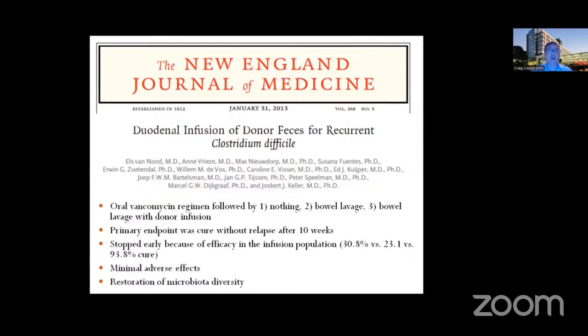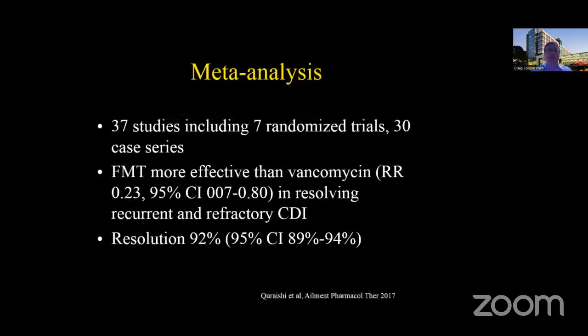This is absolutely remarkable. Efficacy, oral vancomycin, 31%. Vancomycin and bowel lavage, 23%. Oral vancomycin and stool transplant, 94%, with minimal adverse effects and restoration of microbial diversity. And since then, here's a meta-analysis looking at 37 studies, including 7 randomized trials and 30 case series.